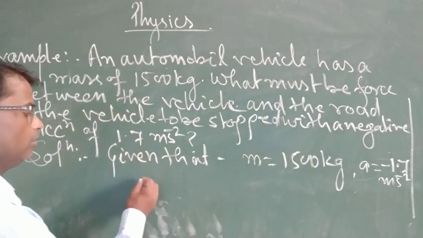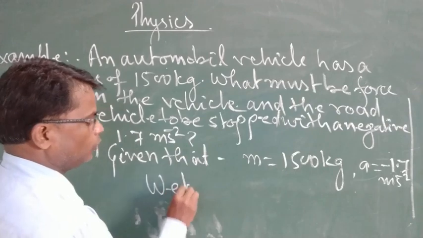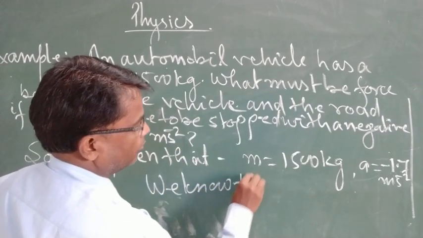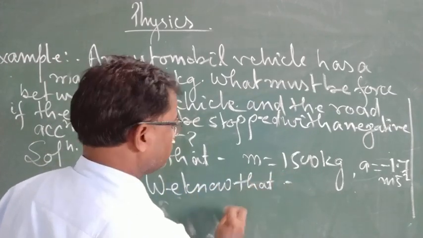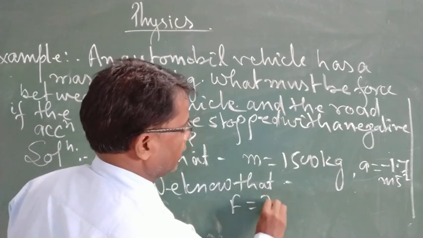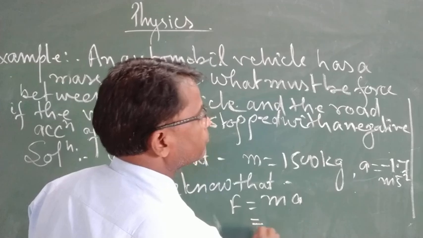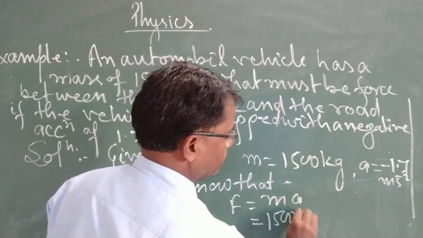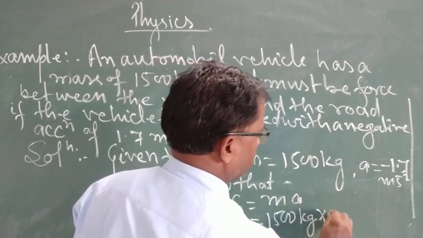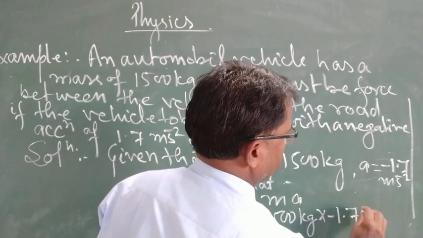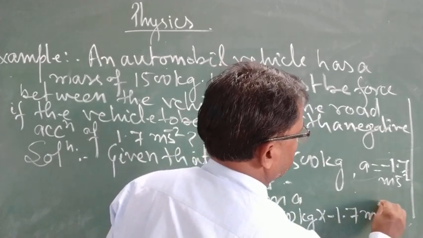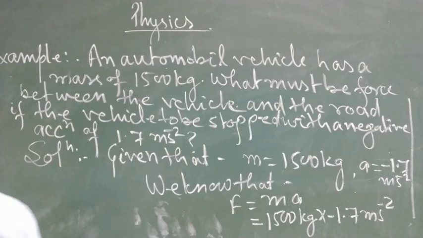We know that F is equal to m into a. The m value is 1500 kilogram into minus 1.7 meter per second square.